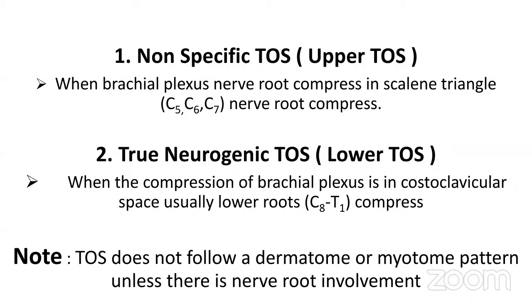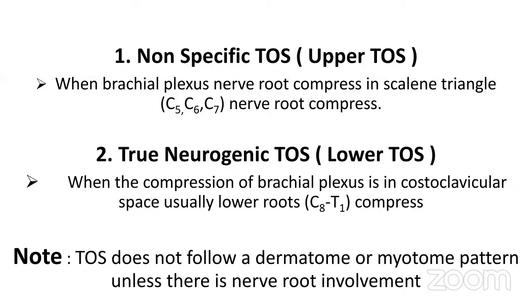Why upper TOS? Because it will include the upper nerve roots C5, C6, and C7 in the interscalene triangle specifically. So the signs and symptoms you can see, because of nerve root compression, dermatomal and myotomal pattern may be followed. Then second is true neurogenic TOS or lower TOS.